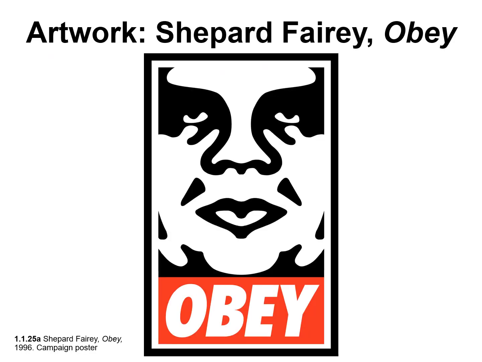Here, this is a very well-known campaign poster from 1996 by Shepard Fairey called Obey. And you can see this sort of stark use of black and white and red to create that contrast, right? That contrast between light and dark, which again is an interesting use.